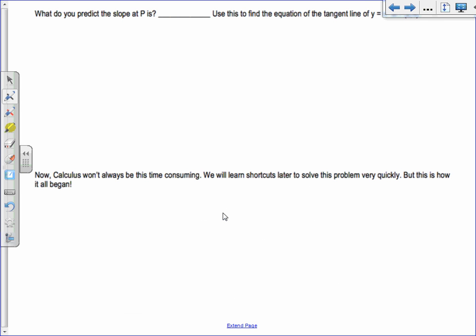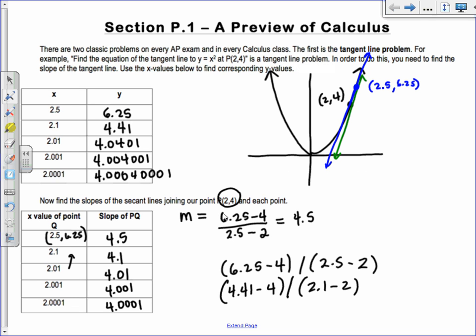So there's a reason. It asks, what do you predict the slope at P is? At exactly the point P, what is the slope going to be? 4. It's getting closer and closer to 4. Does that make sense? The slope is going to be 4.